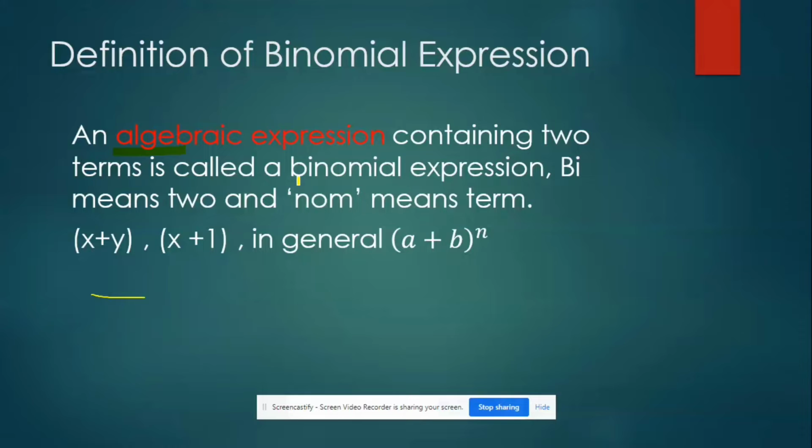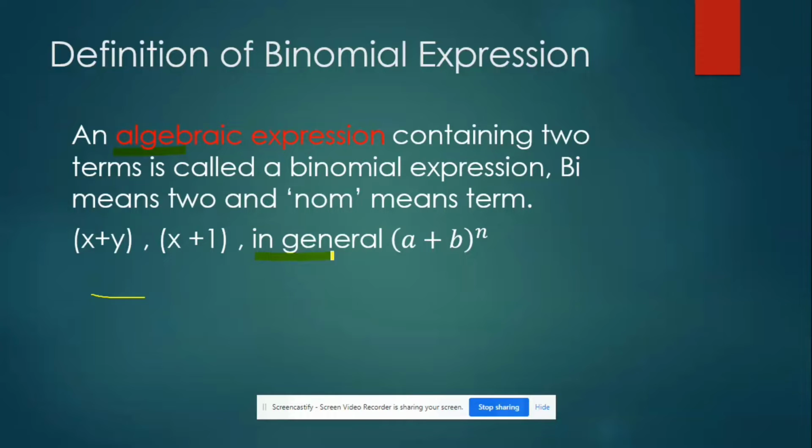Then we will call it a binomial expression if it has two terms. So bi means two and nomial means term. So two terms expressed together by either a plus or a minus, we say that is a binomial expression.